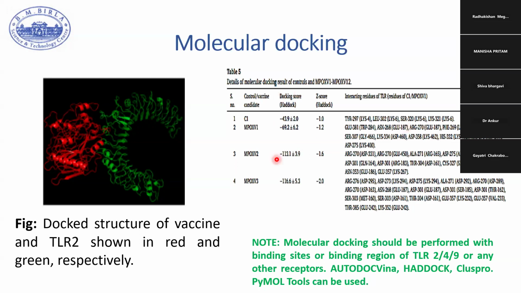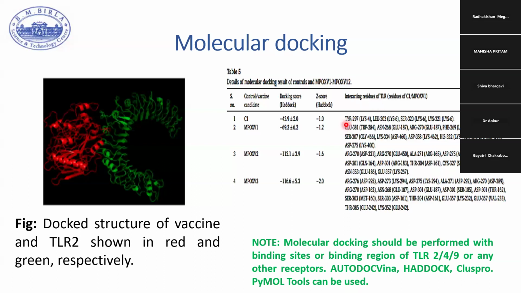By this, you can write the scores. You can use AutoDock or HDock and write the score. I hope you are all familiar with the docking score. The lower the score, the better the binding. You all know that. After that, you can also analyze the interacting residues of TLR2 and your receptors, or you can also include that these are the binding sites.